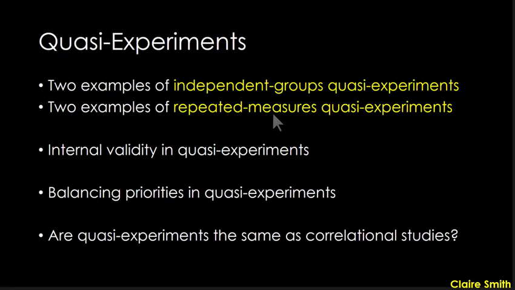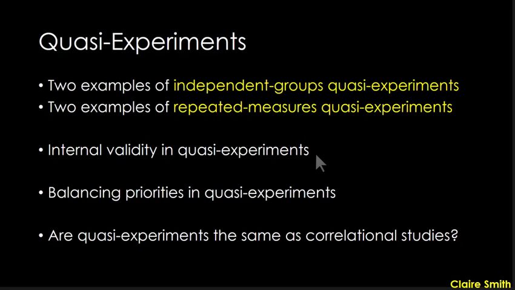Repeated measures is when the same participants are participating in all the groups. So if you have 4 different levels of the independent variable, whatever that may be, the same people are doing all 4 levels. Okay, so there's quasi experiments both that have independent group design and a repeated measures design. So we'll talk about examples of each of those.